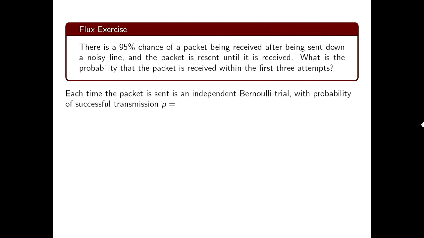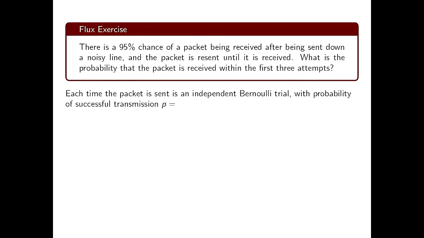So if we just thought of this as a geometric distribution question in the most obvious sense, we'd think, okay, each time the packet is sent, that's an independent Bernoulli trial. I should have really emphasized, right, when we're talking with the geometric distribution, obviously these have to be independent Bernoulli trials.